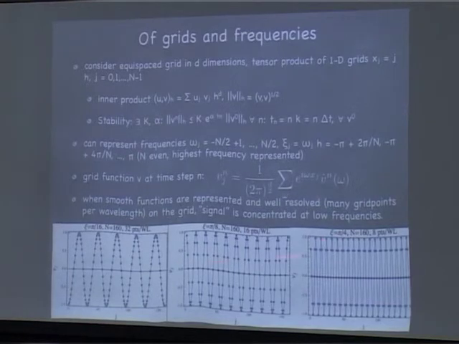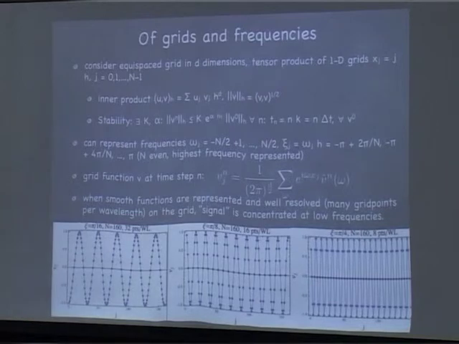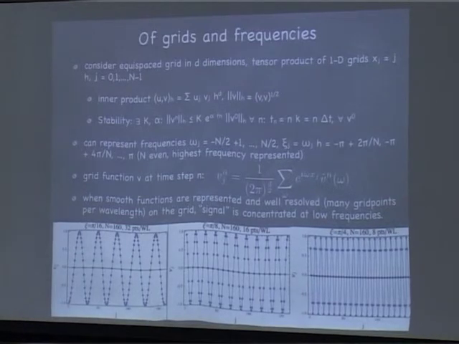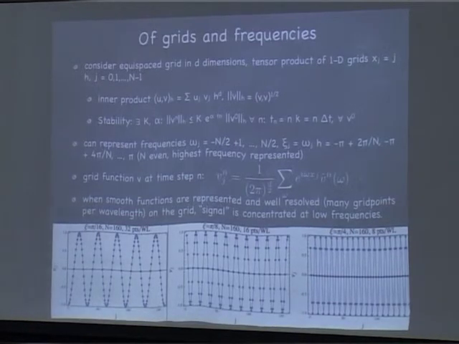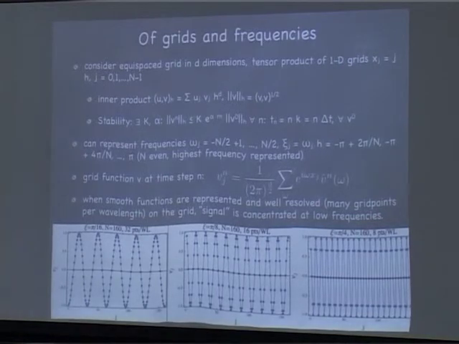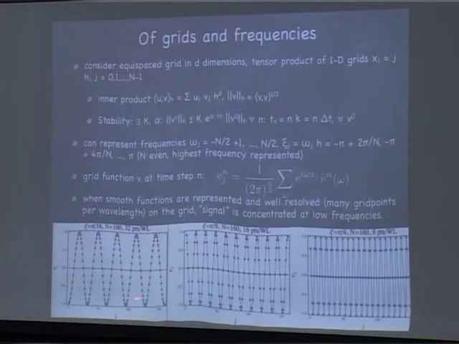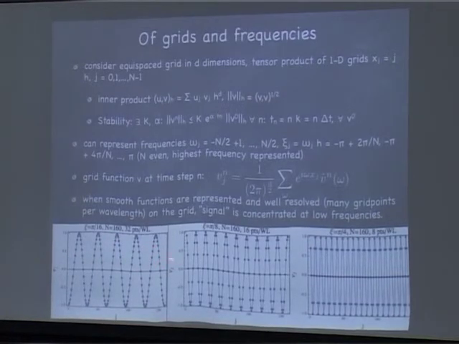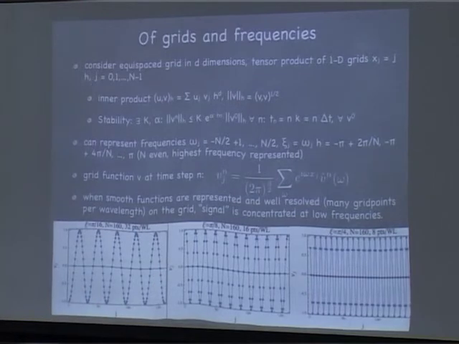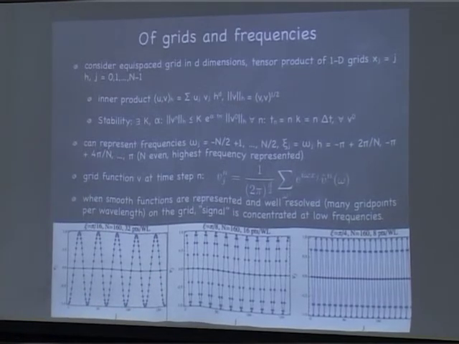If you want, we can jump to these plots here. If you have a grid of n points, you can represent different frequencies on this grid. For example, here I had 160 grid points, and I chose a frequency such that you have 32 points per wavelength.